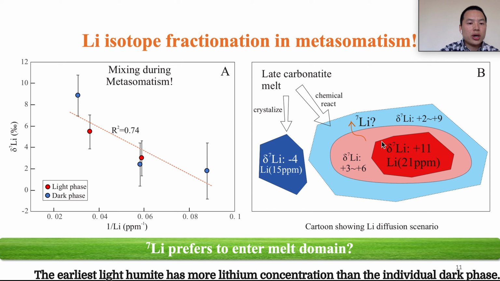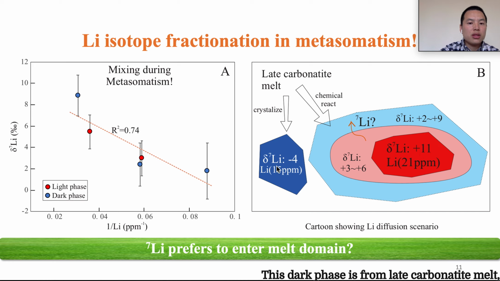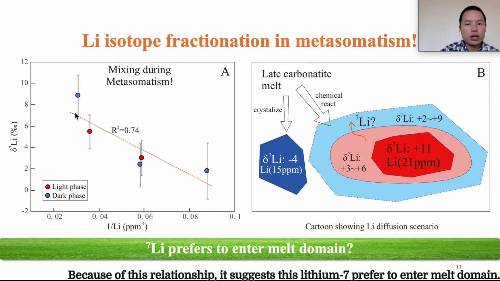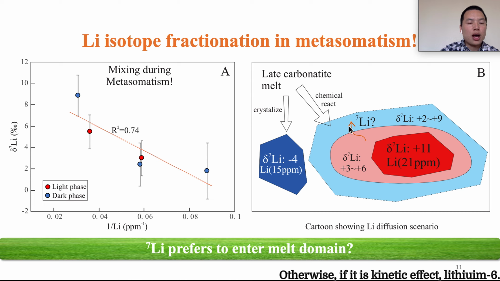The earliest light humite has more lithium concentration than the individual dark phase. This dark phase is from late carbonatite melt. When the melt has chemical reactions with the earlier light phase, the lithium will diffuse into the melt region. Because of this relationship, it suggests lithium-7 prefers to enter the melt domain.